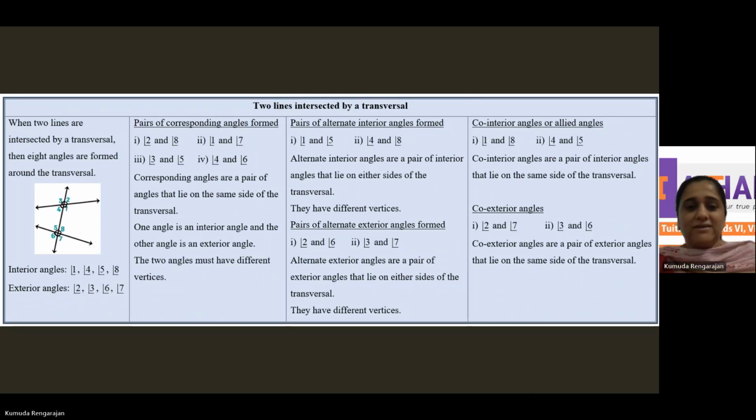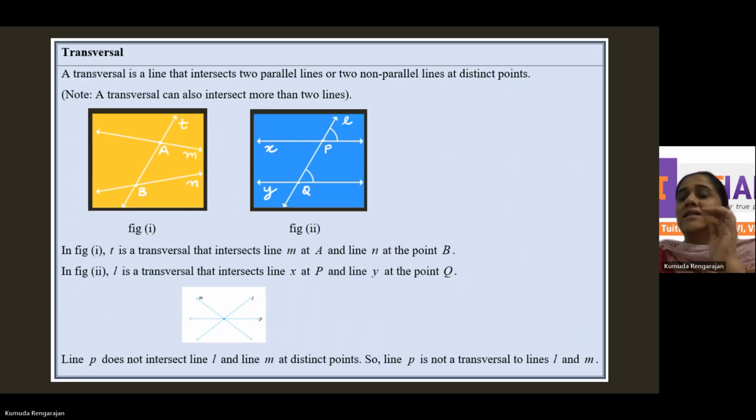All right. Now, consider these two situations. A transversal can intersect two non-parallel lines, like in the yellow figure. In the yellow figure, M and N are not parallel lines. They're like this. So if you produce them, they'll meet somewhere.